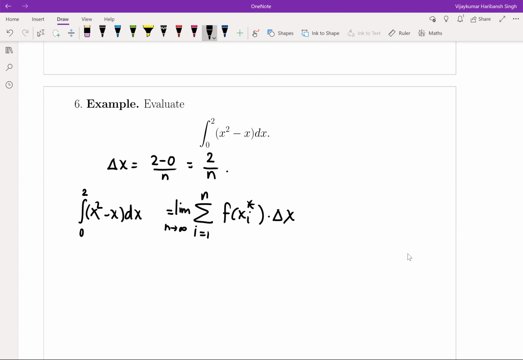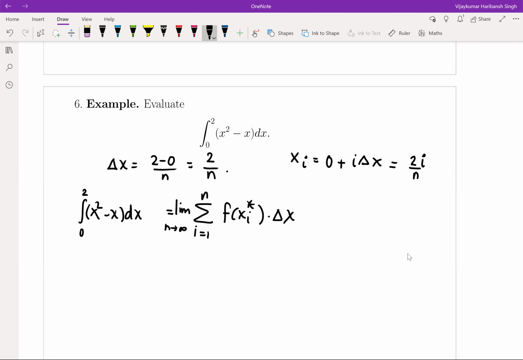Now xi star is any point between xi minus 1 and xi. So first of all, what are these xi? xi is going to be 0 plus i delta x, which is going to be 2/n multiplied by i. So instead of multiplying in the front, I'm multiplying in the back.